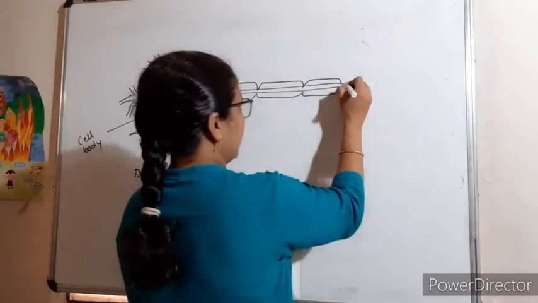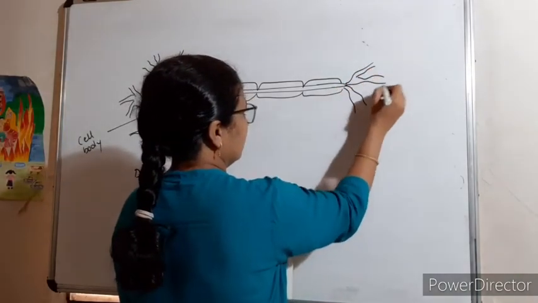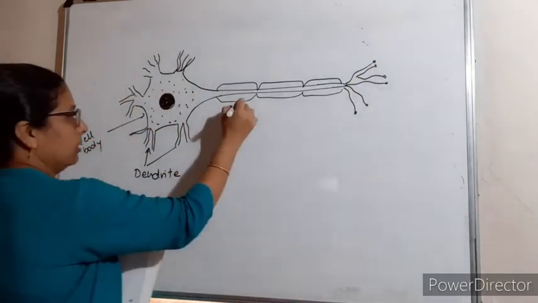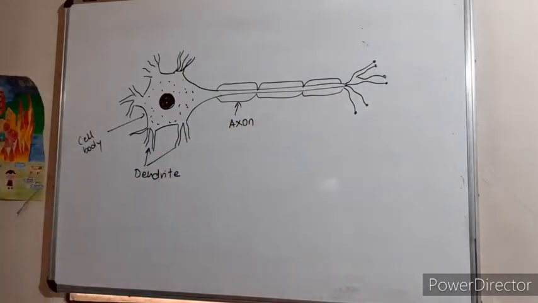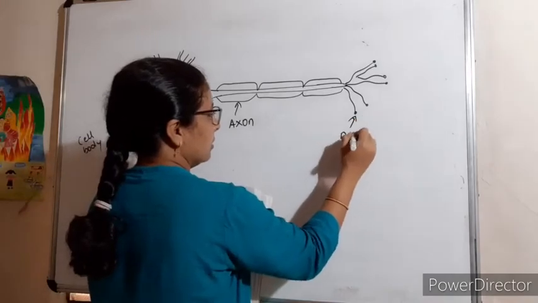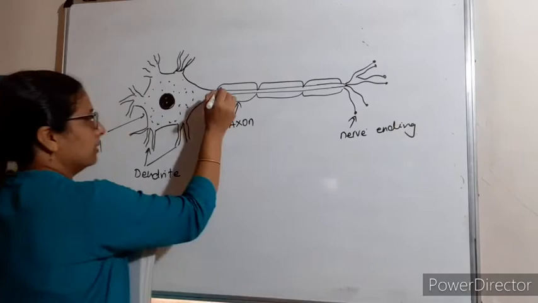And at the end, this is again the axon, right? Okay. And this is the nerve ending.